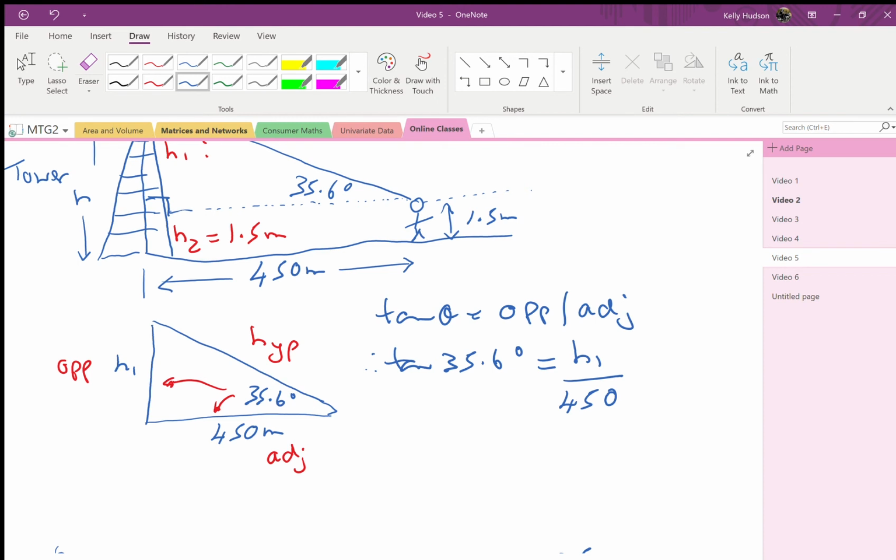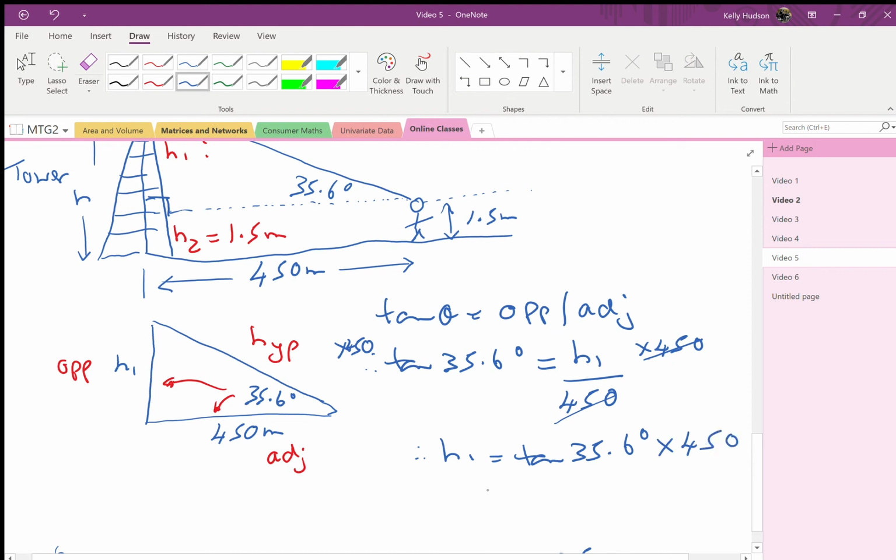So if I multiply both sides by 450, I'll cancel out the 450, and that'll just leave me with h1. So therefore h1 is equal to tan 35.6 degrees multiplied by 450.